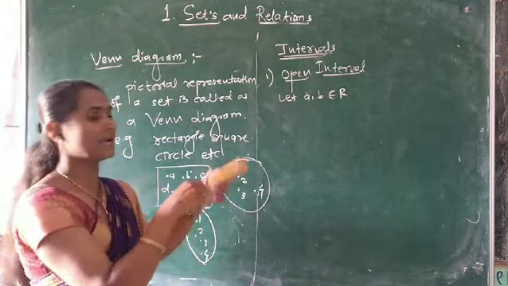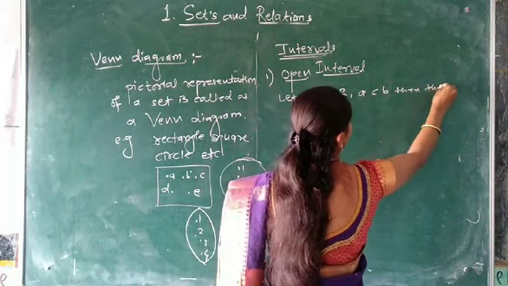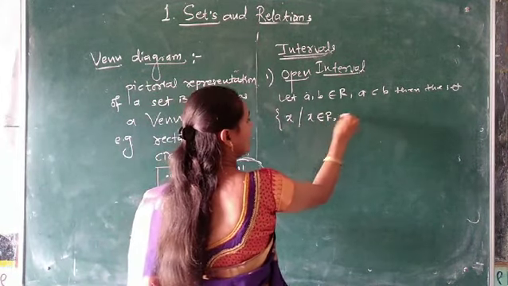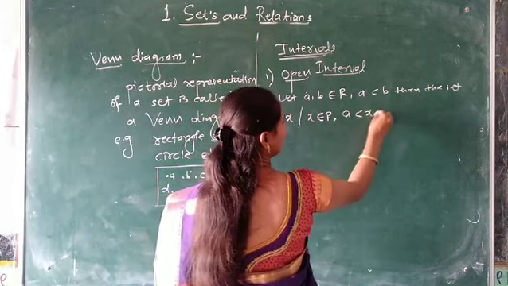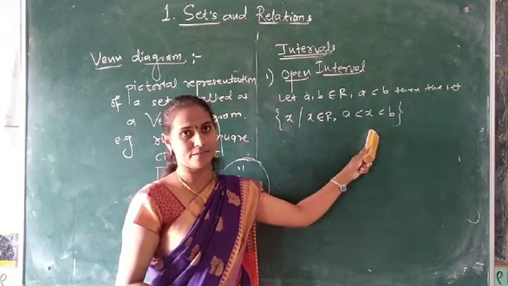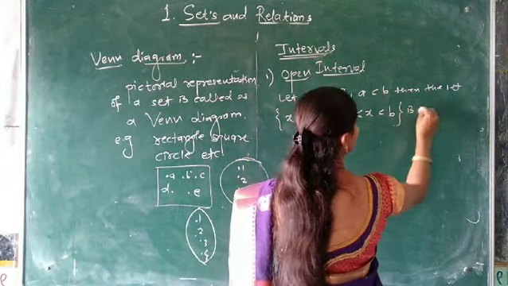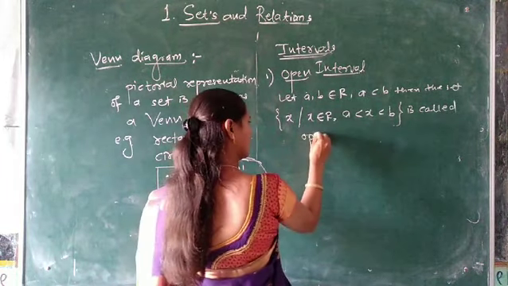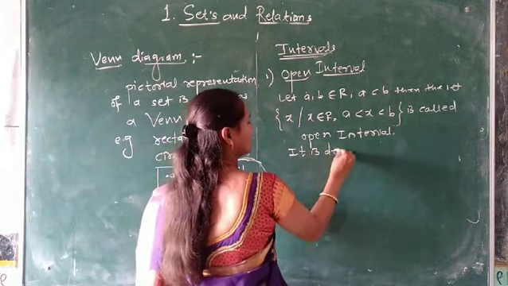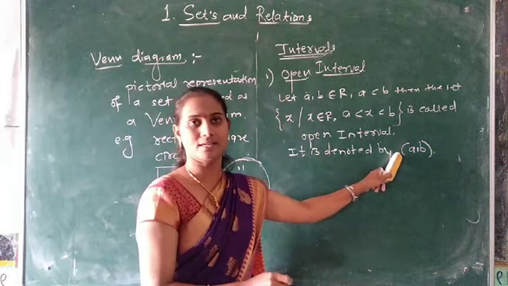That means the numbers A and B are on the real line, and A is less than B. Then the set of X such that X belongs to R, where A less than X less than B. X is greater than A but less than B. Then the set is called an open interval, and it is denoted like this, as an open interval AB.